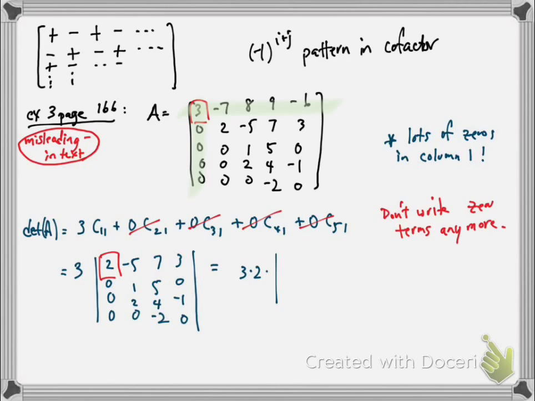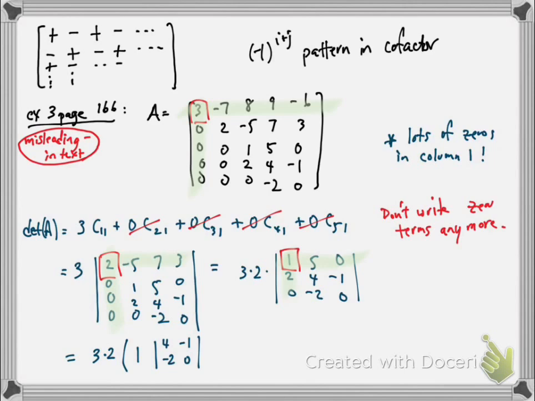I'm going to expand it along that first column. So I pick off the 1,1 entry, expand along that column, and I have the 3 by 3 submatrix here. And notice I'm omitting the other terms, the 0 terms. And now I'm going to continue. Let's expand.